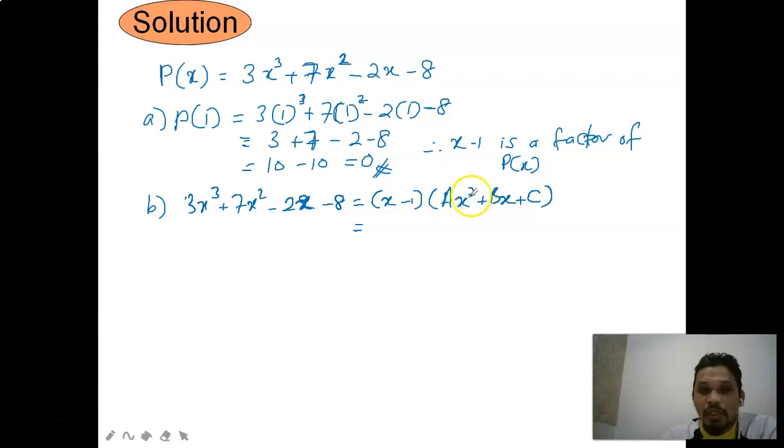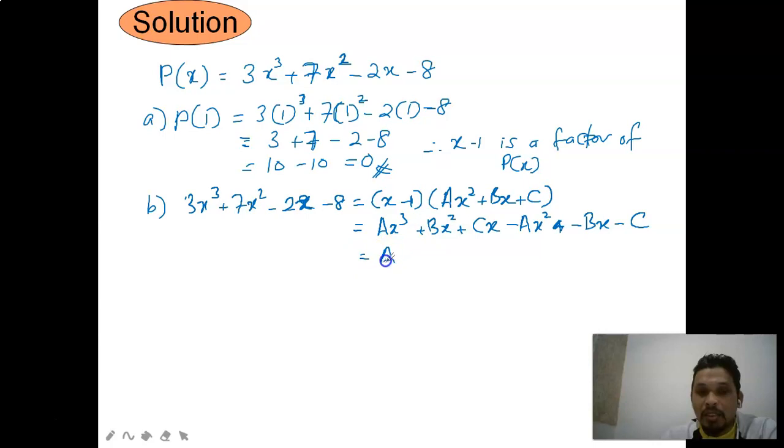Ax squared times x gives you ax cubed. Then bx times x gives bx squared, plus c times x equals cx. Ax squared times negative 1 gives minus ax squared, bx times negative 1 gives minus bx, and negative 1 times c equals negative c.